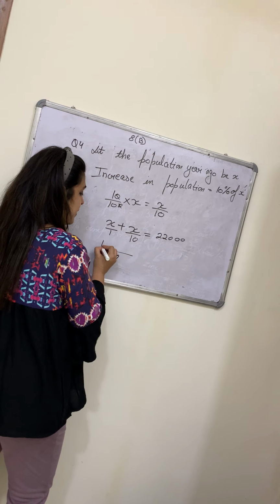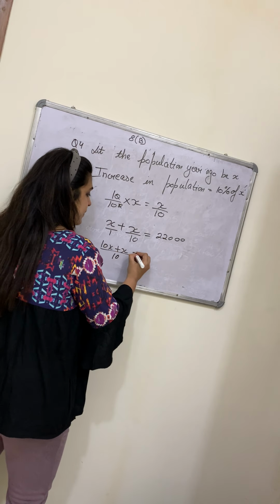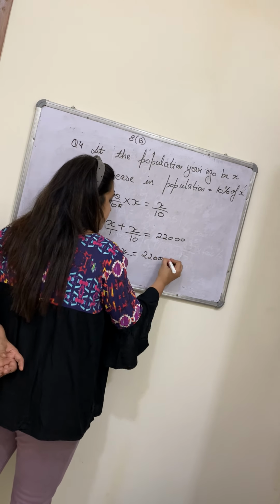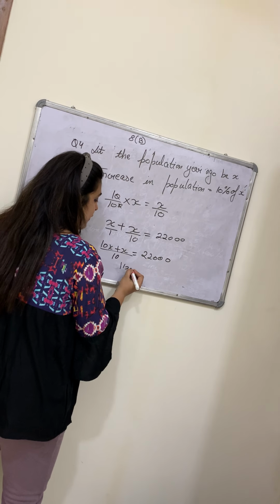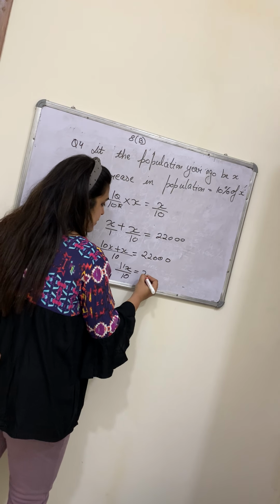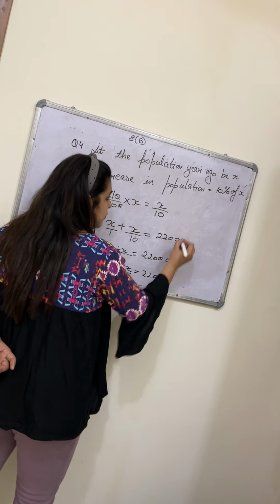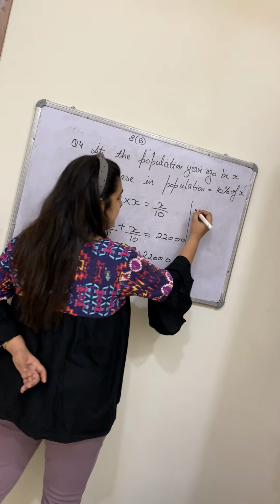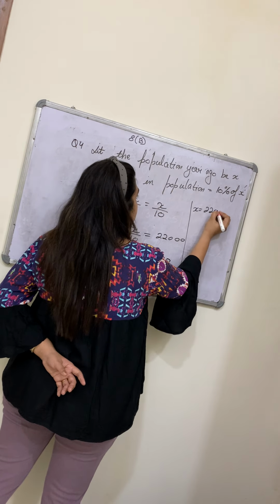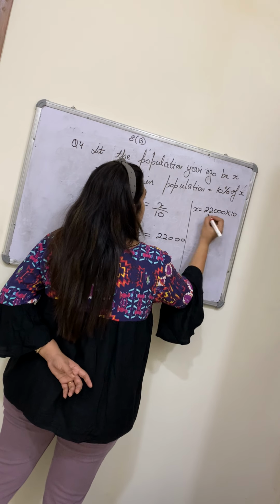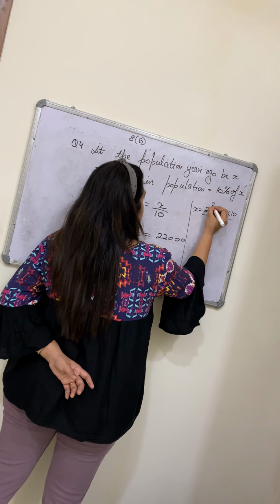We'll take the LCM again. This is 11x by 10 is equal to 22,000. Cross multiply this, x is equal to 22,000 into 10 upon 11.